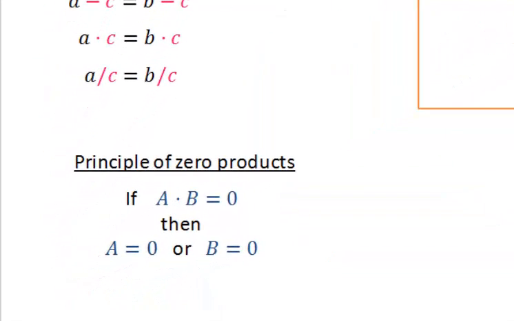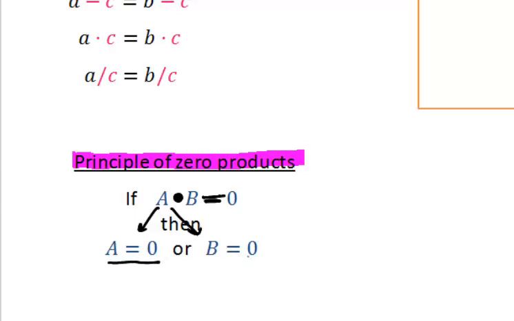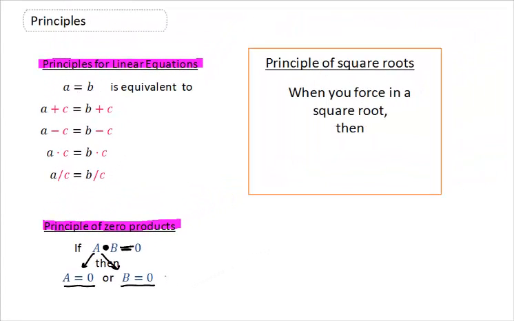Then last time in the factoring one, we learned the principle of zero products. It said, if you have something multiplied by something, and if it is equal to 0, then you can split this apart. The only thing that will make this equation true is if your first factor is equal to 0, or if your second factor is equal to 0.